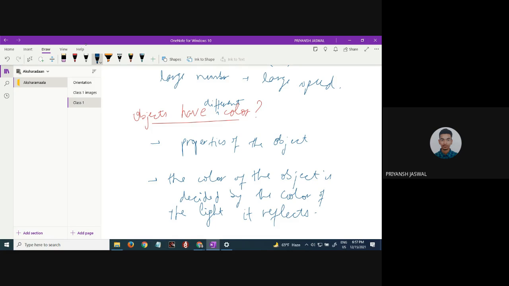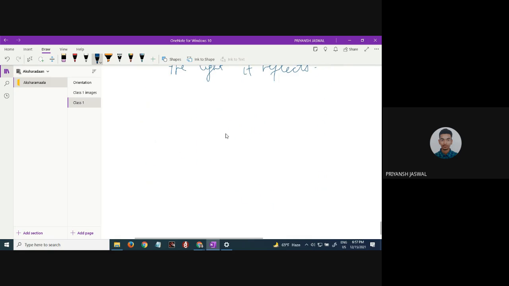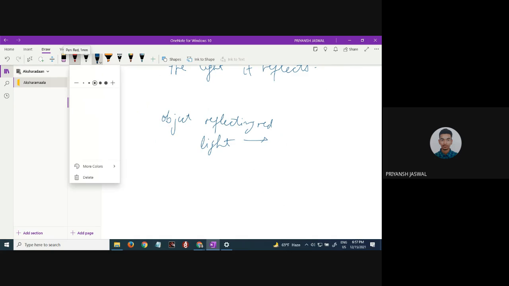Like a red object reflects red light, an object reflecting red light will have red color.